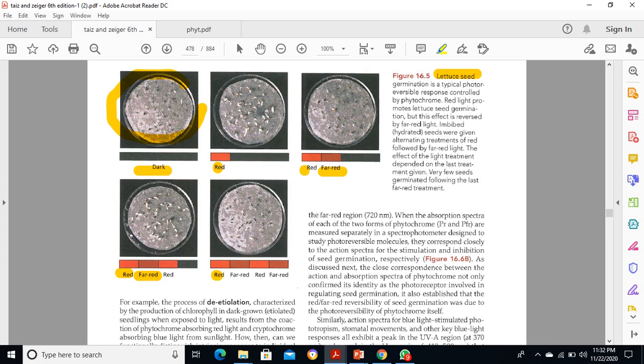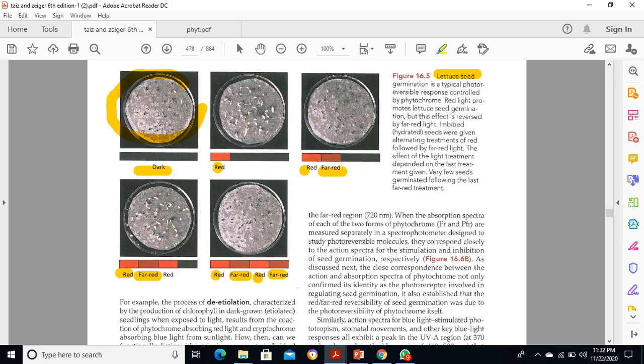Next experiment, red light followed by far red, then red light, then far red, seeds do not germinate. What does it mean? It means that far red light inhibits seed germination and red light promotes seed germination.